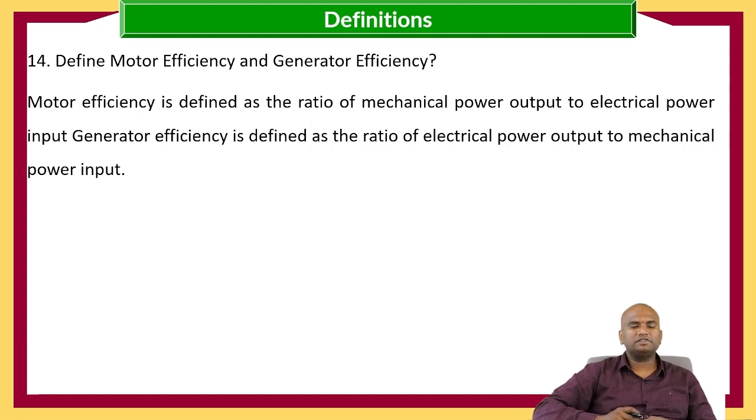And generator efficiency: the generator generates electrical energy from mechanical input, so generator efficiency is defined as the ratio of electrical power output to mechanical power input.